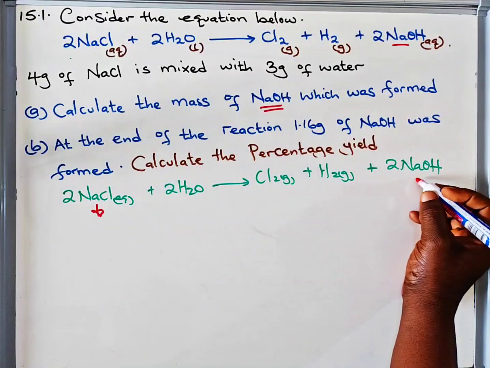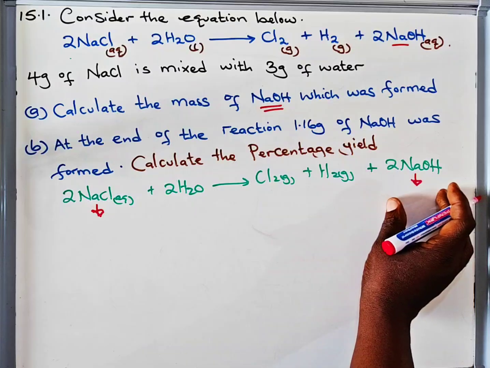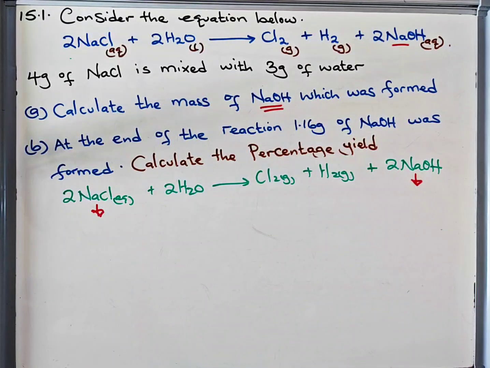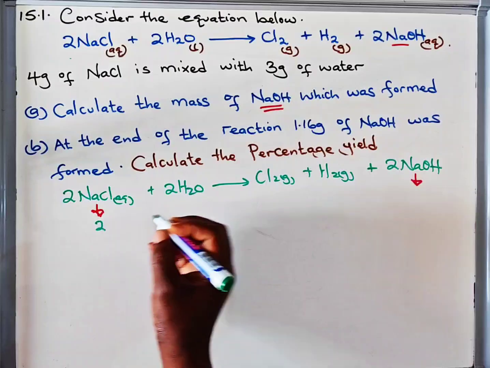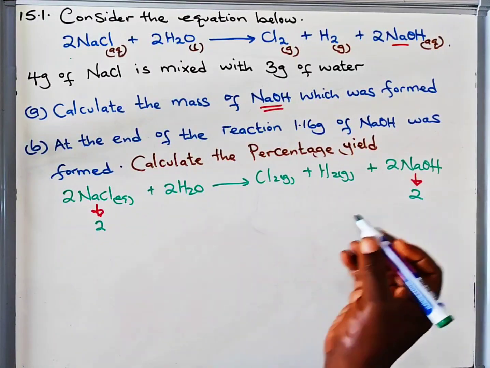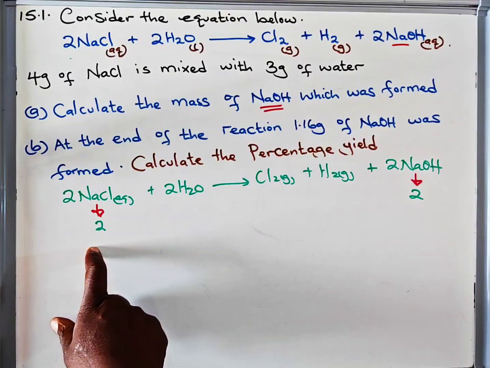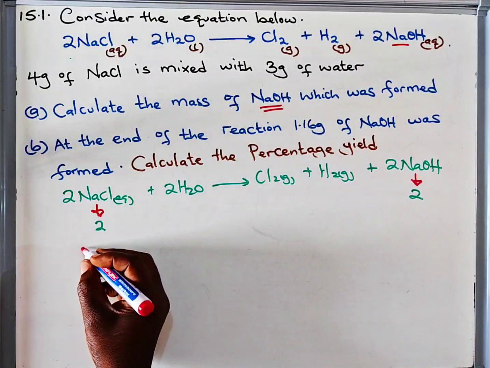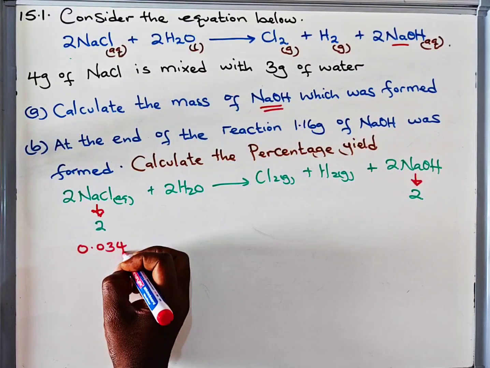Next, you also identify the compound whose mass you are going to calculate. Then from here you start. What's the mole ratio? The ratio is 2 to 2. On this side we determined the number of moles already. The number of moles we determined previously is 0.034 moles.